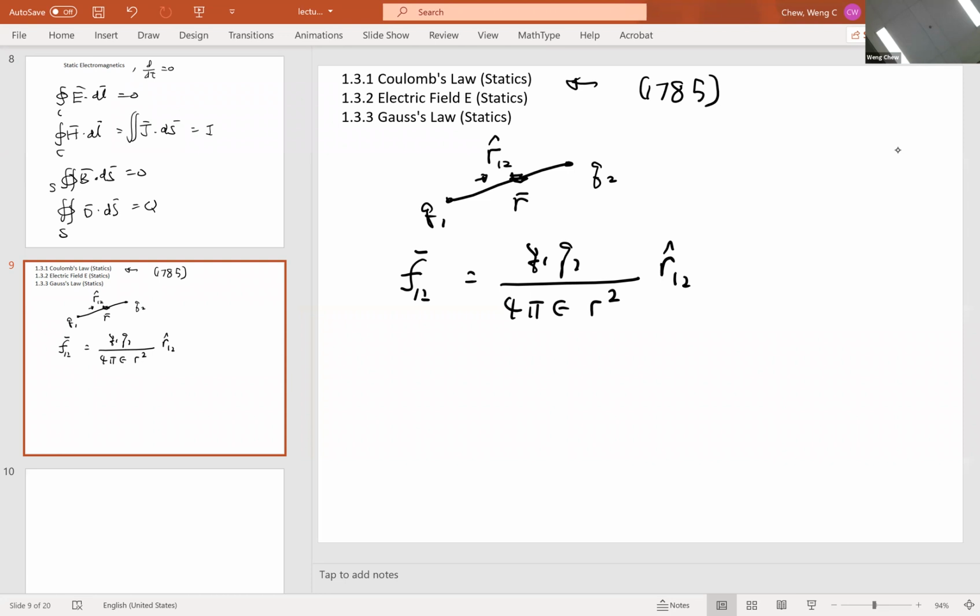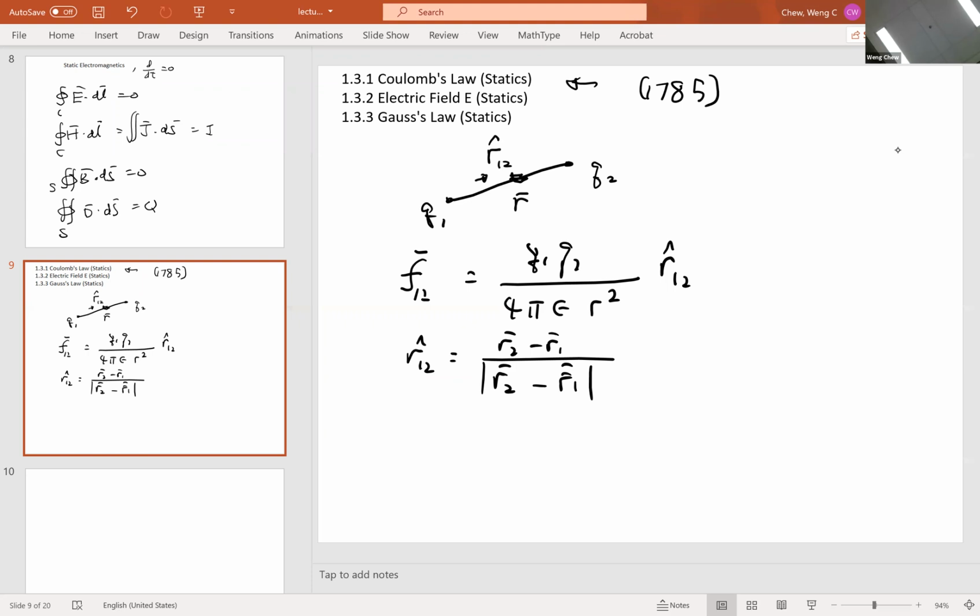This law is also determined experimentally and empirically. You can write this in a fancier fashion. You can write R12 hat as being equal to R2 minus R1 over the magnitude of R2 minus R1. Can everybody see that this is in fact a unit vector? You take the difference of two position vectors.